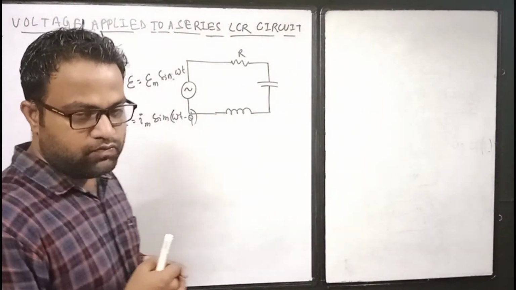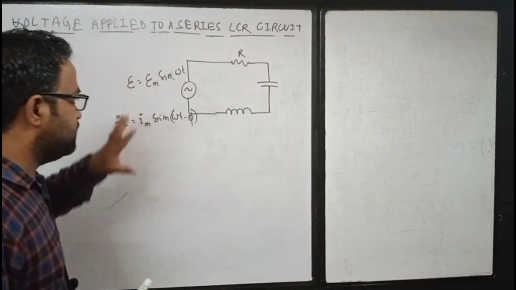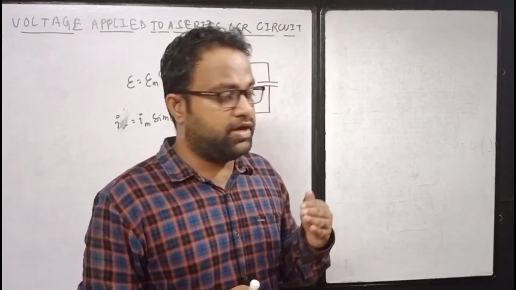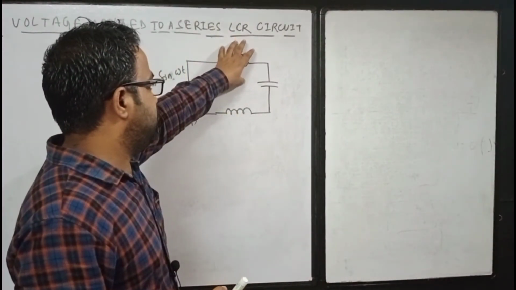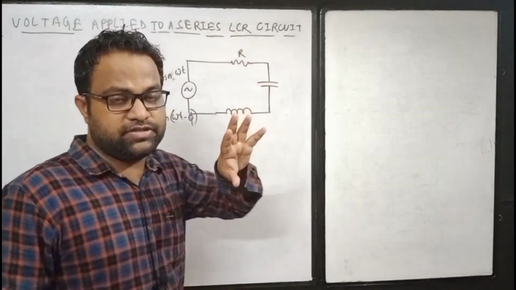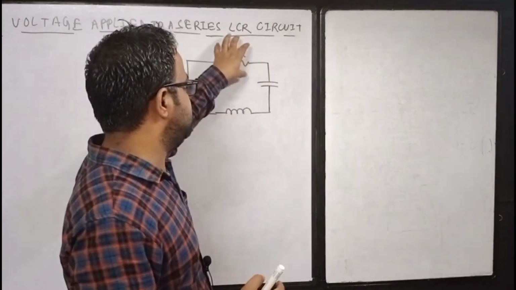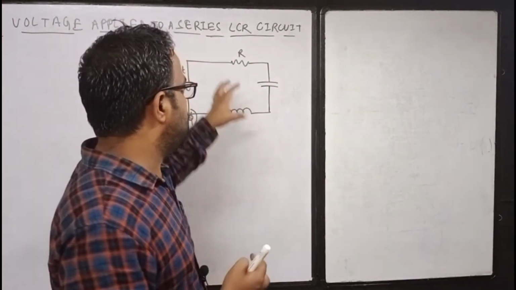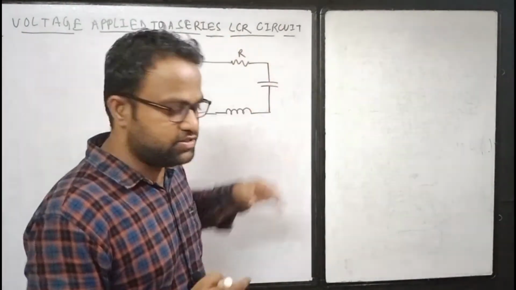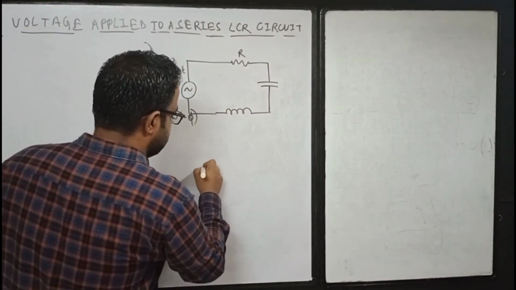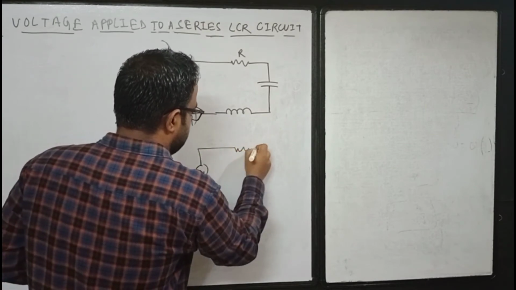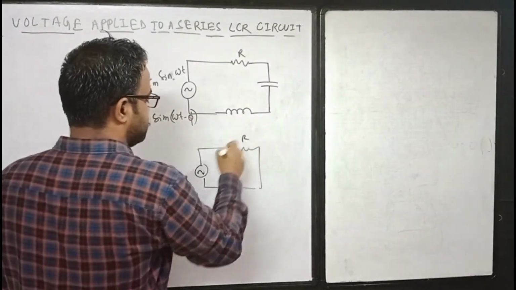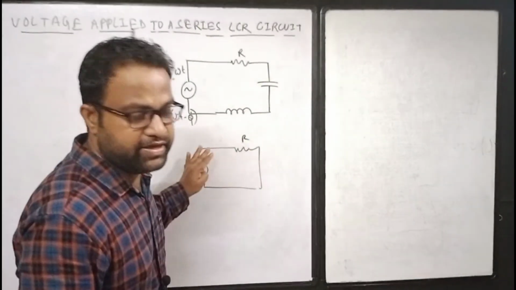So here what we'll do, we'll draw the Phasor diagram first. I'm drawing it for the case where a circuit has only a resistor, that is, if I provide the AC voltage to a circuit which has only a resistor. For example, if the circuit looks like this, it is a resistor only circuit where I am providing an AC voltage.